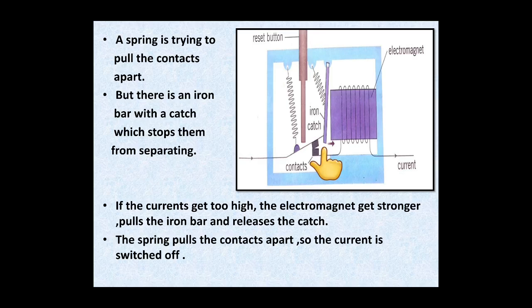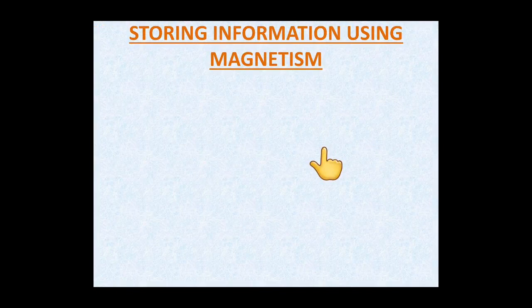Another use of electromagnetism is the recording and storing of data. Magnetism has become very important in the modern world for storing information.